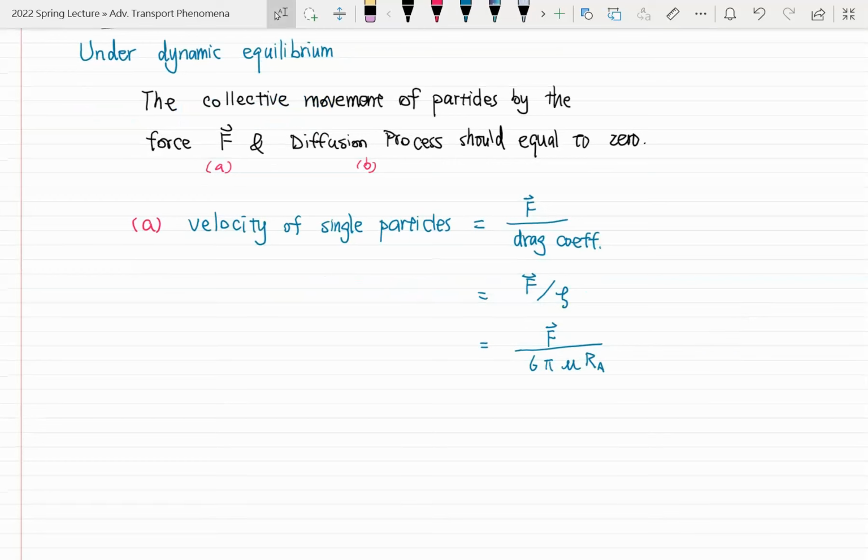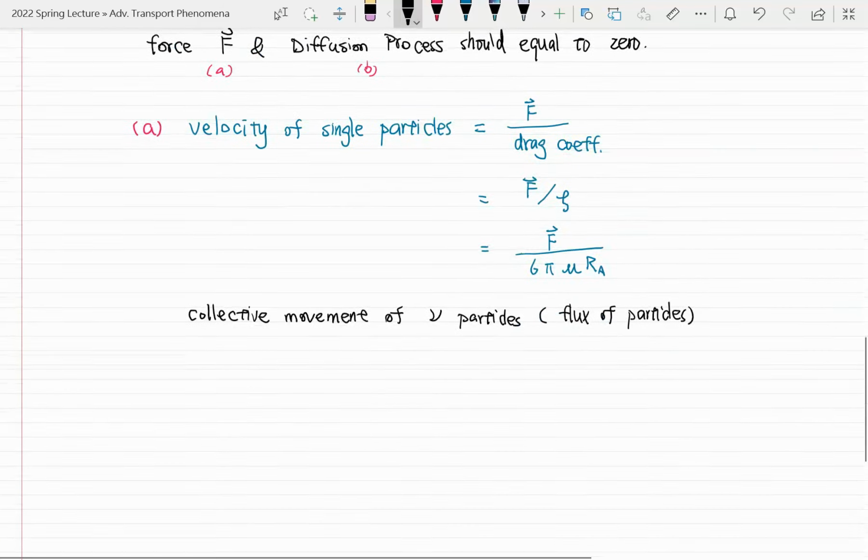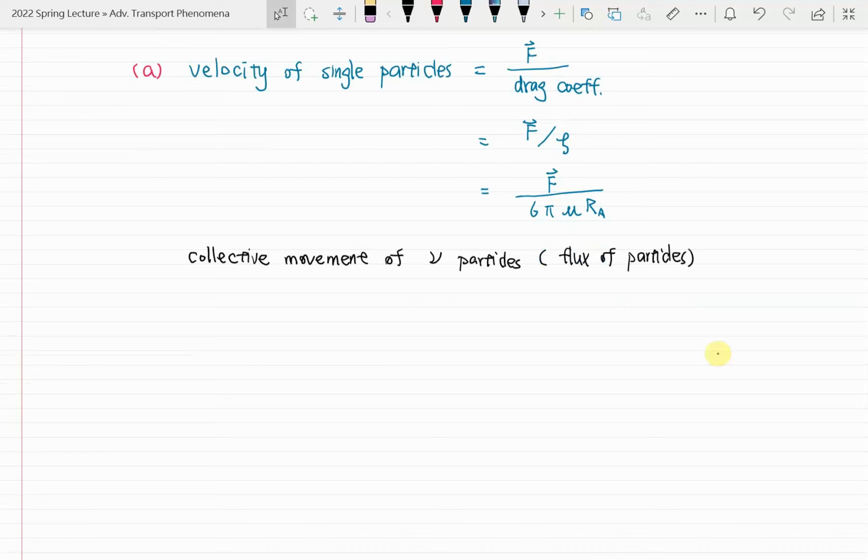And now we can also conclude that the collective movement of all the particles, meaning the flux, equals nu times F over the drag coefficient.